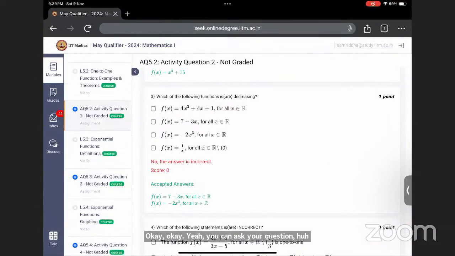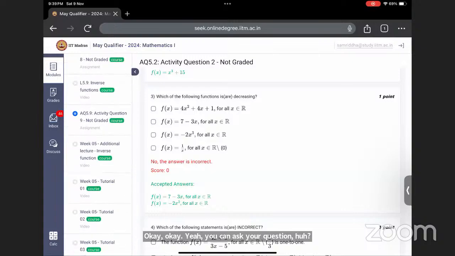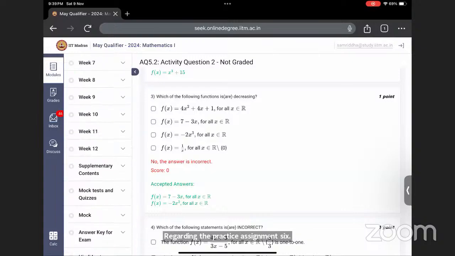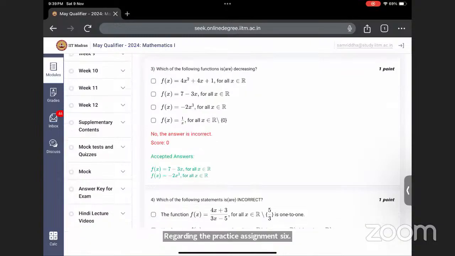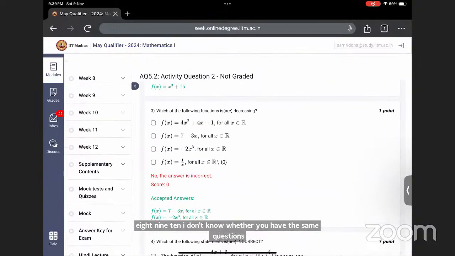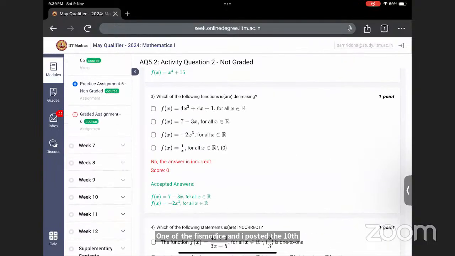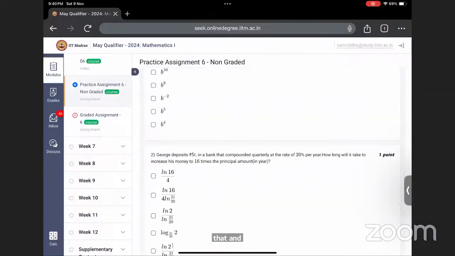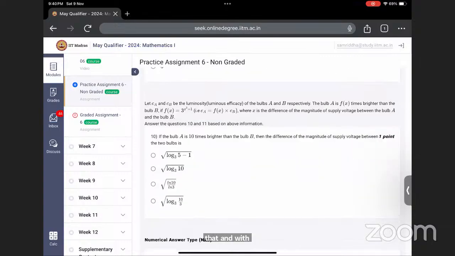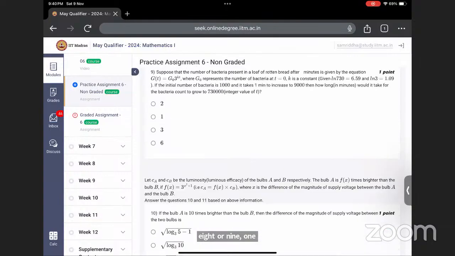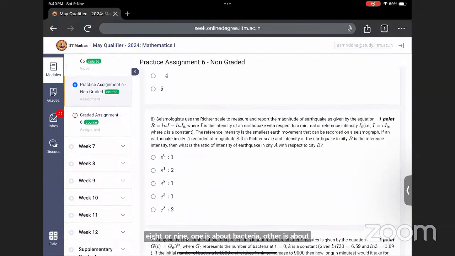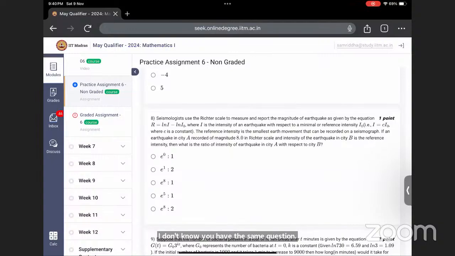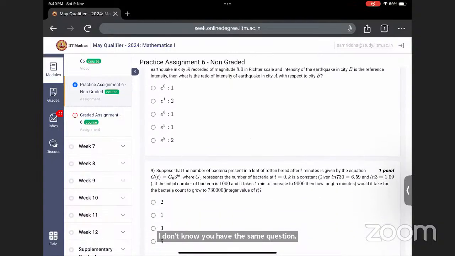Regarding the practice assignment 6, questions 8, 9, 10, I don't know whether you have the same questions. One is about the seismologist, and I posted the question about the bulb in the chat. Questions 8 and 9, one is about bacteria, the other is about the seismologist. Yes, it's the same one, the seismologist.